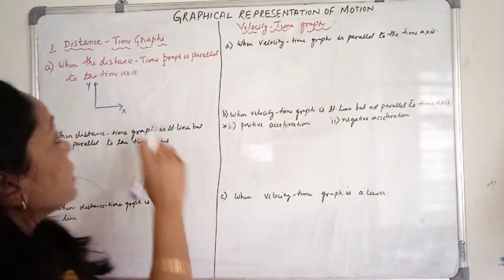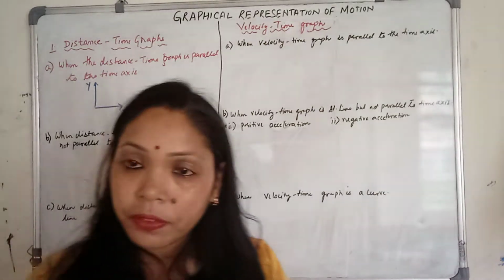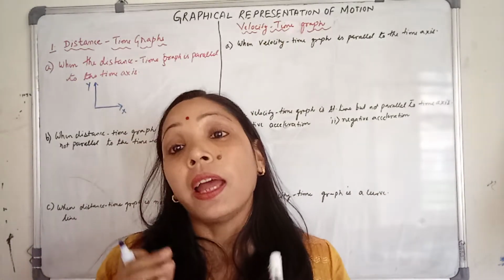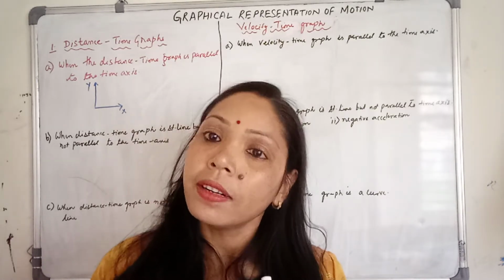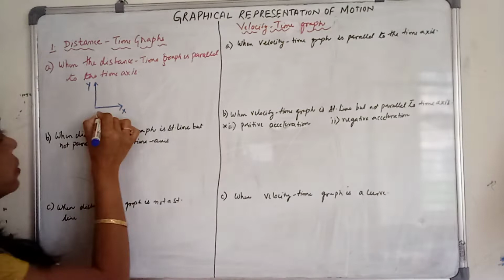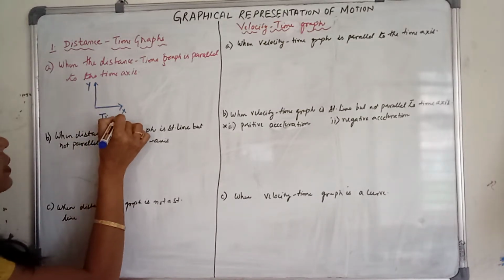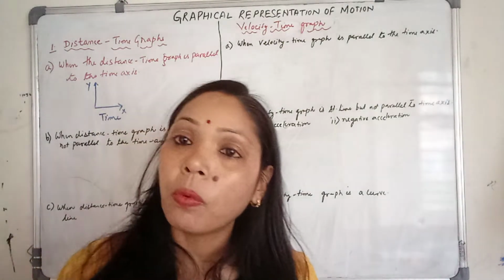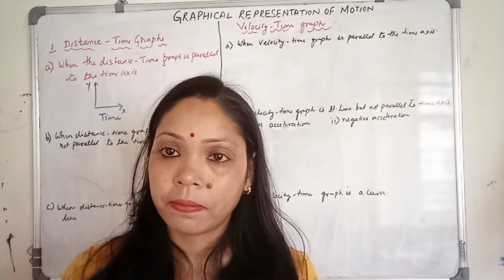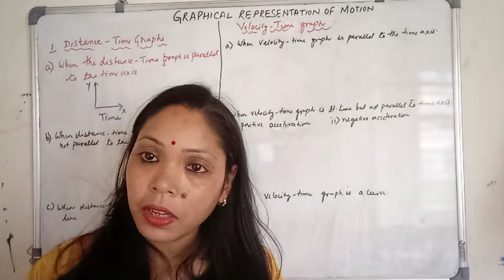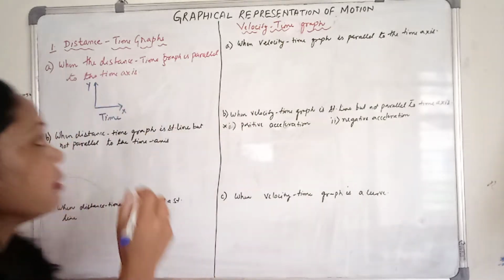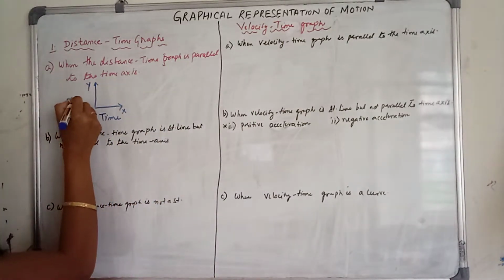And since this is the distance time graph, the x-axis is always used for time. So time is represented by the x-axis and distance is represented by the y-axis. So write down here distance.